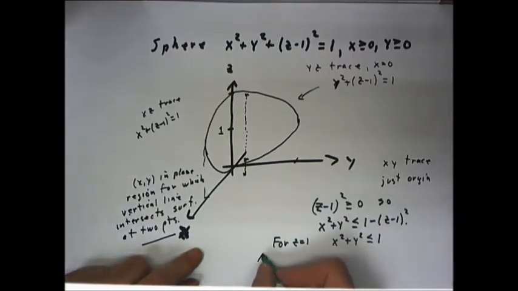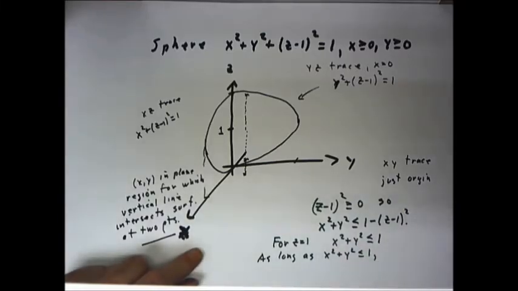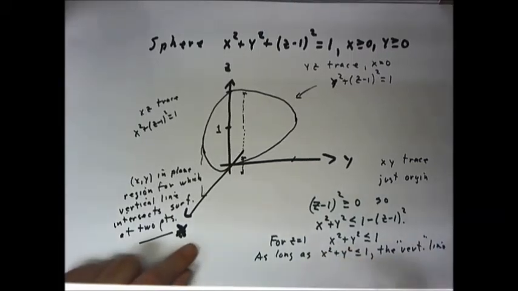And as long as x squared plus y squared is less than or equal to 1, the vertical line z, it's not z, it's x.